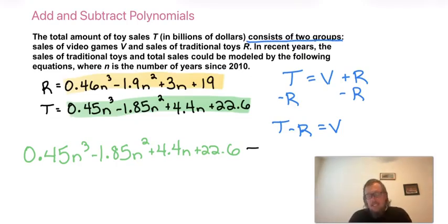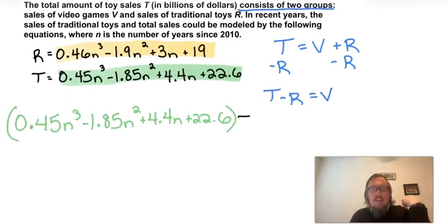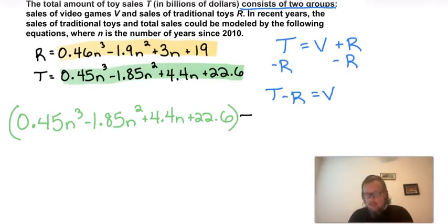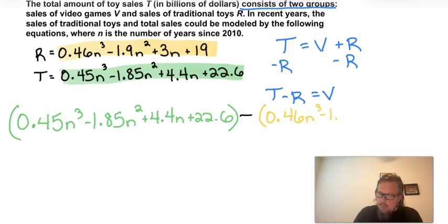Now, when I write this second equation, I need to use parentheses. I don't have to have parentheses around the first one because I'm not going to distribute anything. It's okay to put them, but you don't have to have them. But you have to have them around the second one because when I say I'm subtracting, I want to make sure I subtract everything. Every single thing gets subtracted in the second one.